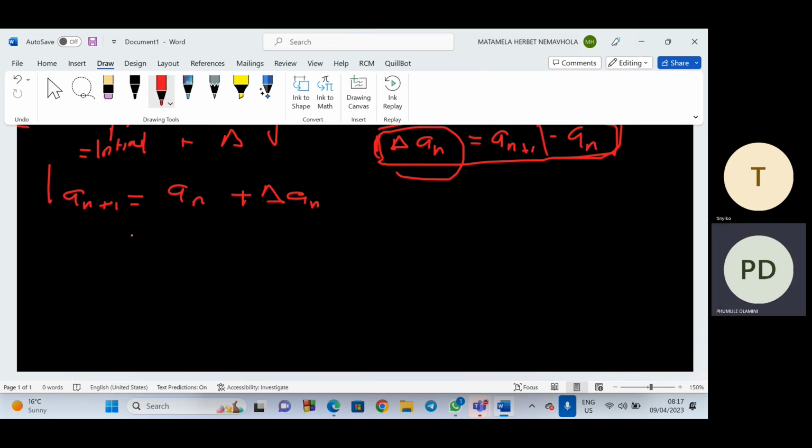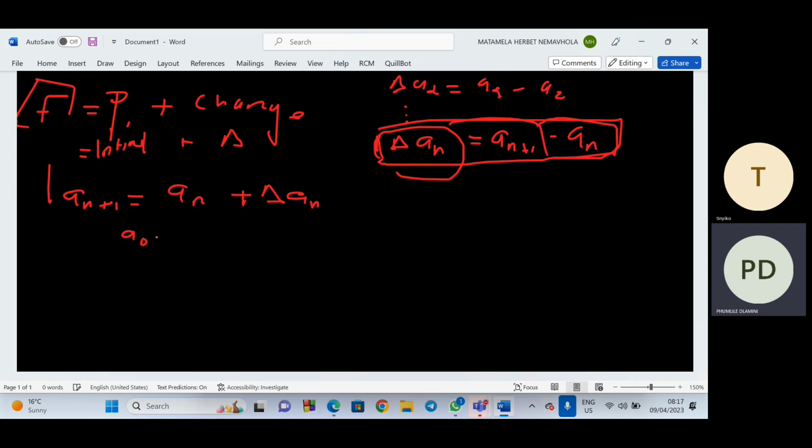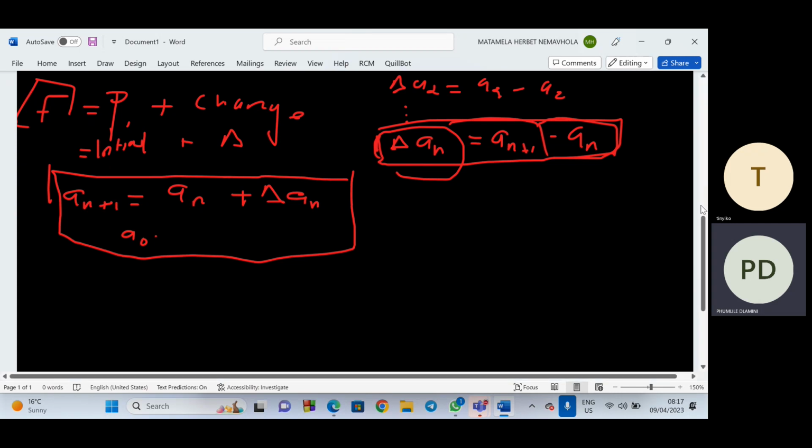When we write it, we must also have an A0; A0 must also be given. So when you have A0 and this formula, then you can calculate anything based on the question, any question of this kind.